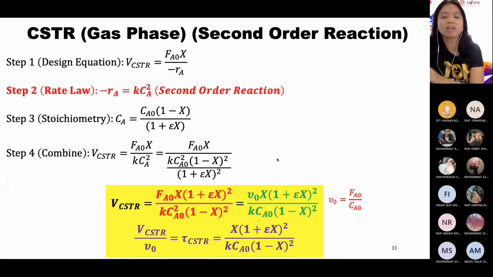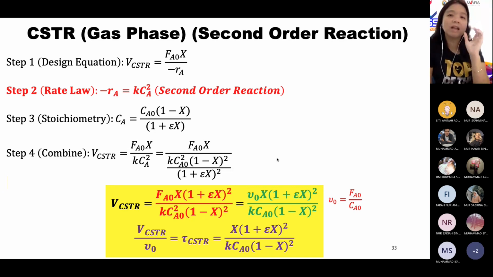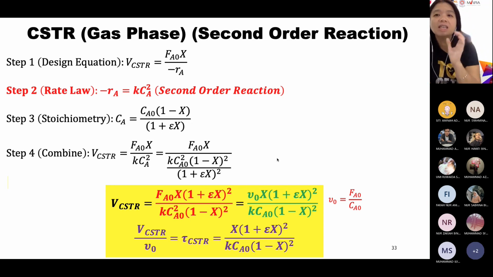Tetapi if you change the rate law, ataupun katakan dia untuk reaction yang baru, kamu kena faham, as long as you change any one of the reactant in the reaction, dia dah jadi reaction baru. And sometimes kamu kena ingat, even kalau menggunakan reactant yang sama, but you change condition, let's say temperature, especially temperature, reaction tu pun boleh berubah because it can go through different pathway or different mechanism.